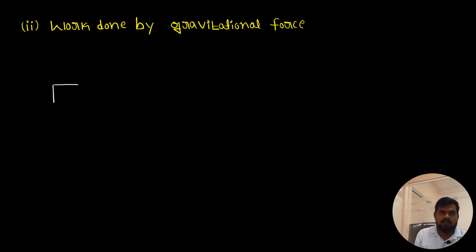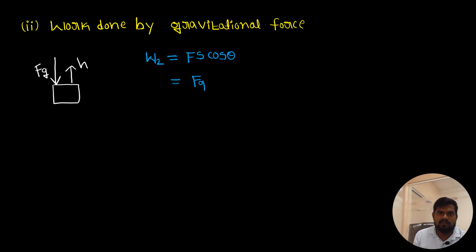This is the block. Height is upward, and the gravitational force Fg is downward. Now we will see the work done. W2, the second force, is equal to, the formula is Fs cos theta. That is equal to, force is nothing but gravitational force, and s is nothing but h.